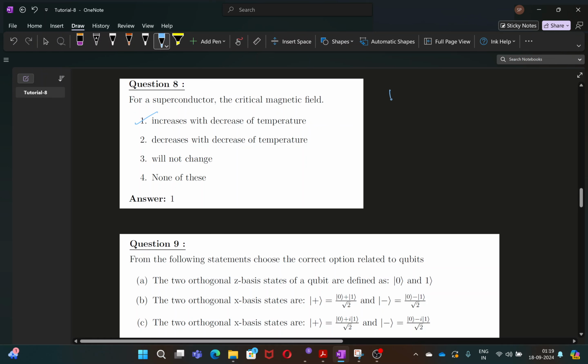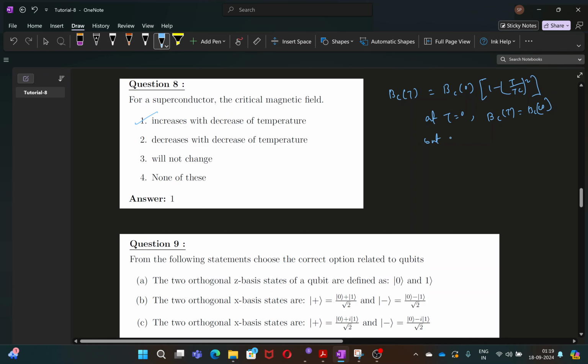You can also answer this from the formula, if you remember, that BC(T) equals BC0 times 1 minus (T by Tc) whole square. So at T equal to 0 Kelvin, this term will vanish. Then BC(T) equals BC0.